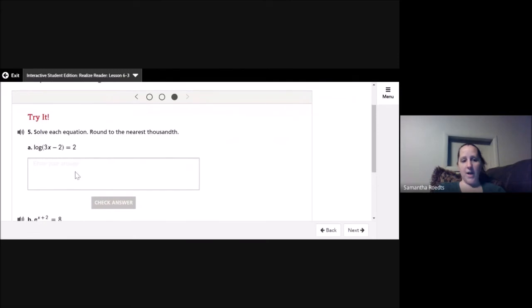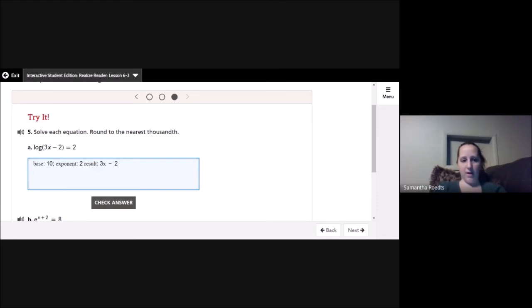All right, so let's try it. I have log of 3x minus 2 equals 2. Okay, so this again is base 10. The exponent is 2, and the result is 3x minus 2.